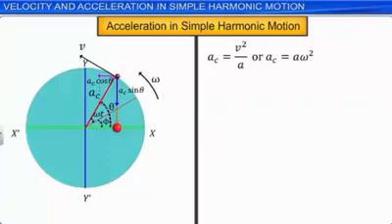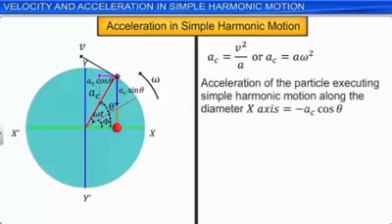If the initial phase phi is equal to 0, the acceleration of the projection which is executing simple harmonic motion along the diameter along the x-axis is equal to minus a_c cos theta, since this component is directed opposite to the positive x-axis.